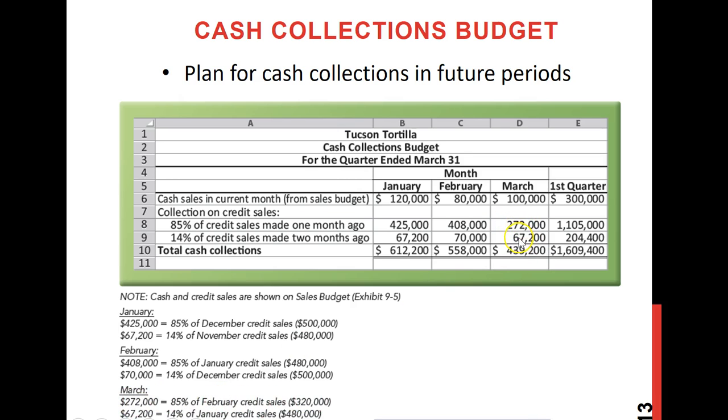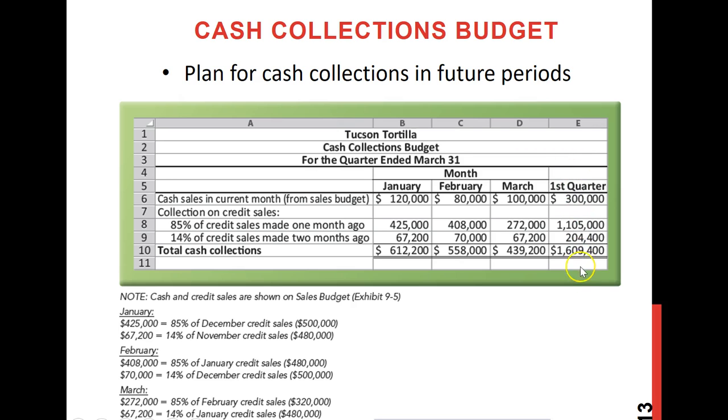And they will also check their credit sales 2 months ago, because they always collect 14% of their credit sales in 2 months. That means in February, how much was their credit sales, and 14% of it will be collected in March. And this is how they're gonna do March sales collection.